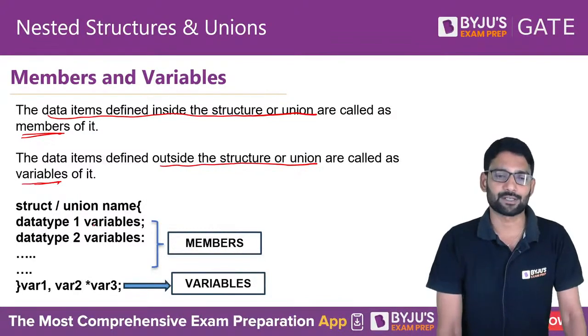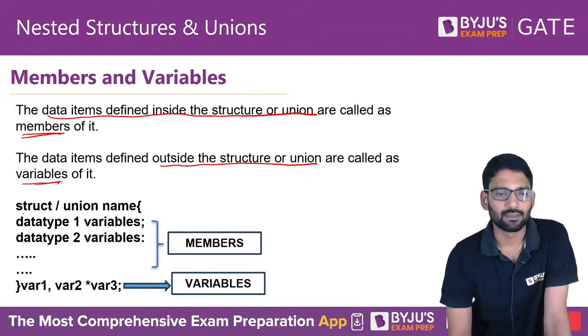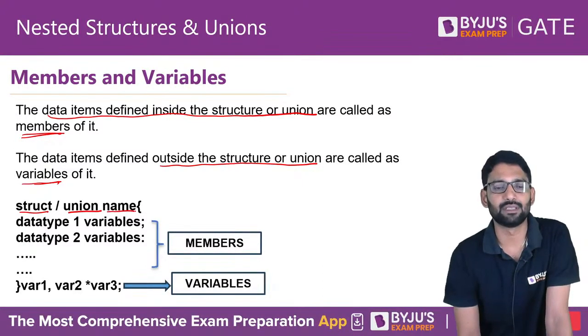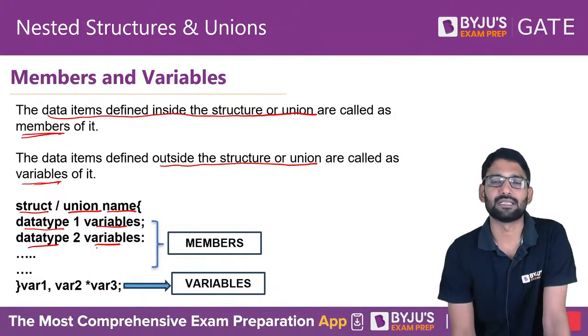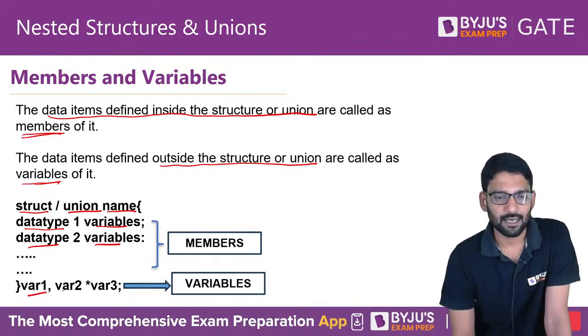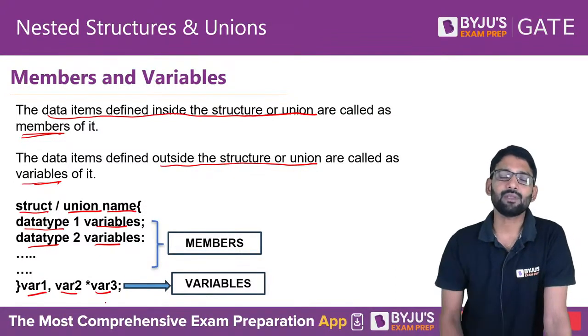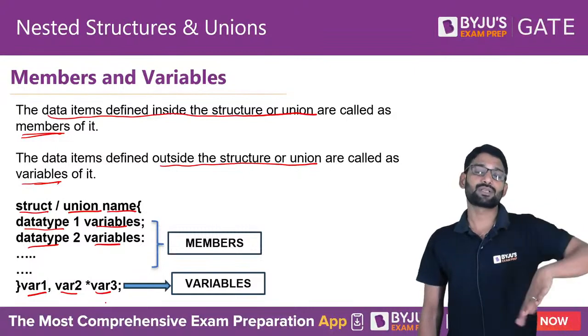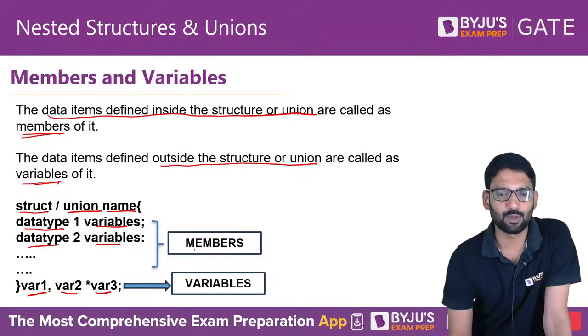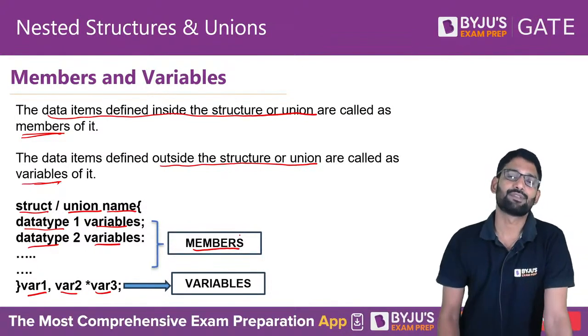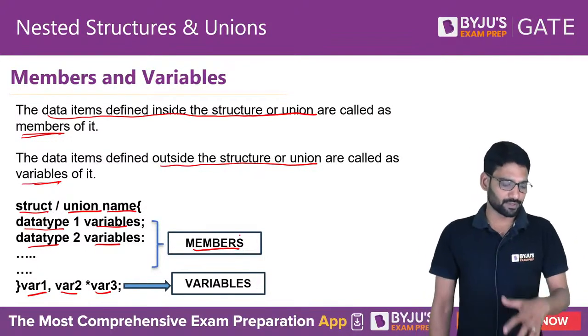So if you look at it, I have taken a struct or union keyword with the name, and whatever data I wanted to group, I have kept inside, and I have created some variables outside the structure. So whatever you have inside the structure we call members of the structure or members of the union.